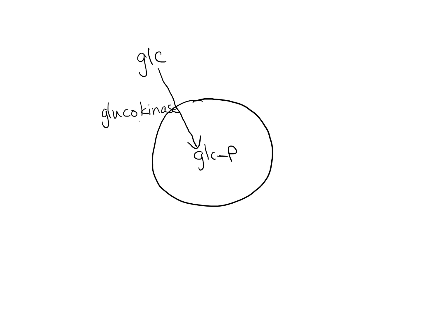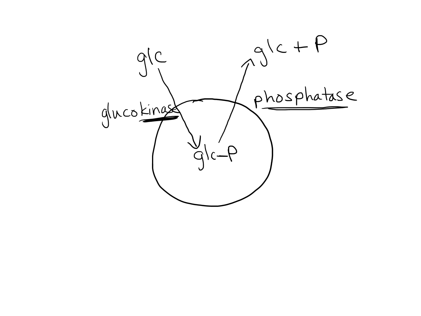So if you just remember kinase, that phosphorylates things. And then the liver and also a little bit the kidney can take the glucose and dephosphorylate it. It can chop off that phosphate group, remove it, and it does that by using a phosphatase enzyme. Because remember, phosphatase enzymes dephosphorylate things.